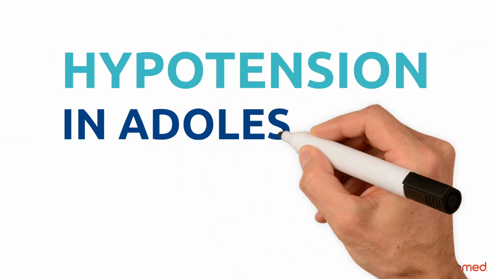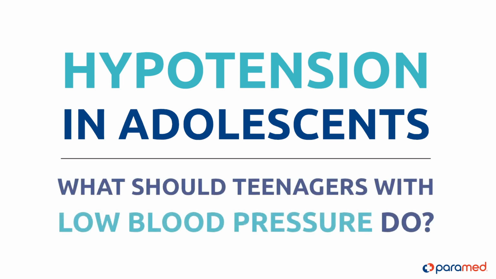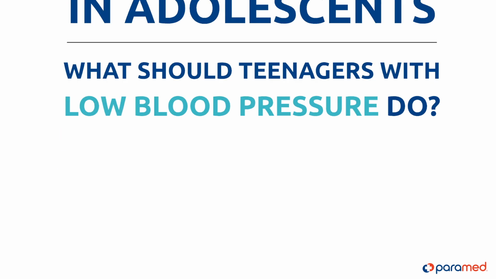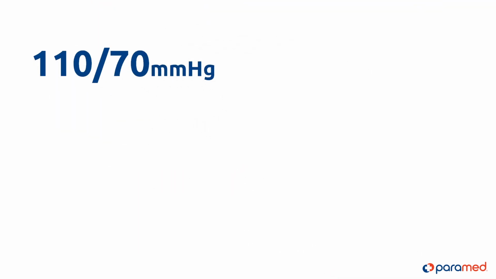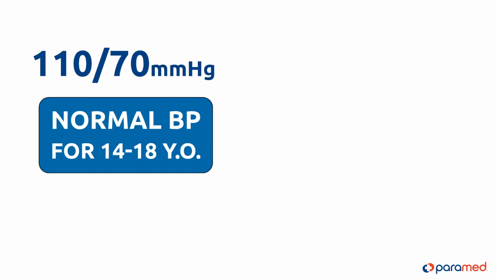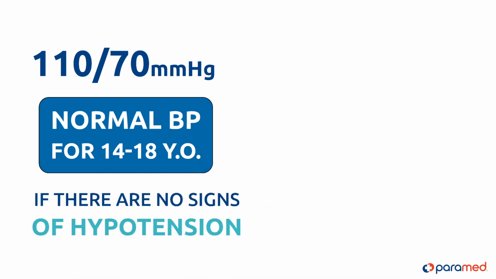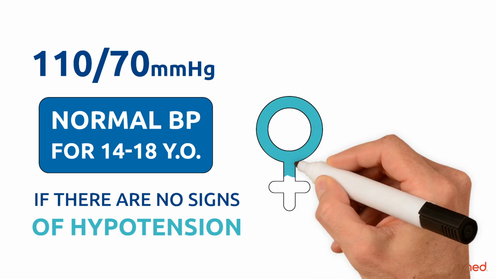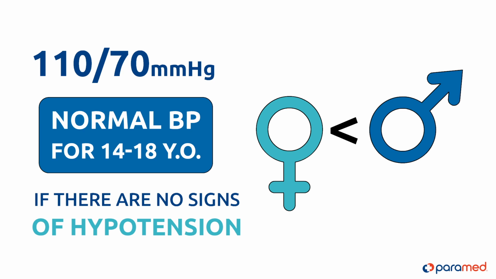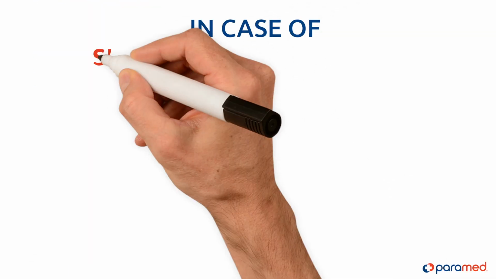Hypotension in adolescents. What should adolescents with low blood pressure do? It's important to understand that a reading of 110/70 millimeters of mercury does not indicate a problem in a patient who is 14 to 18 years old if there are no signs of hypotension. Additionally, girls may have lower blood pressure than boys. Low blood pressure in adolescents may be a result of other diseases.